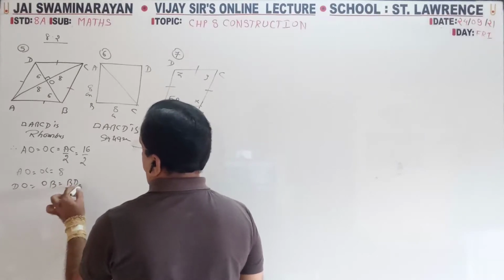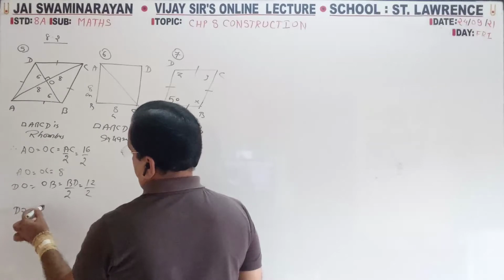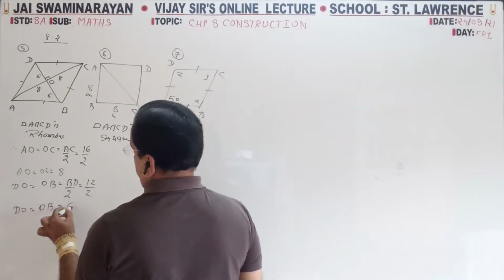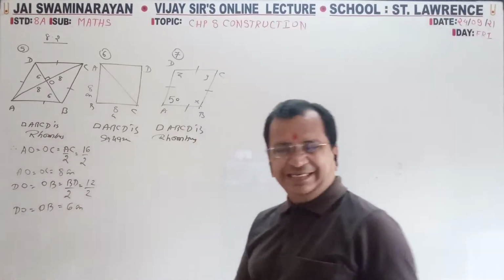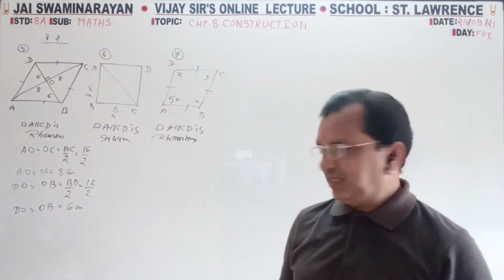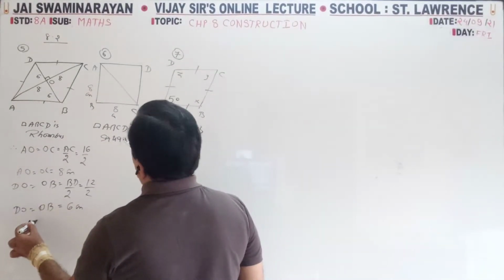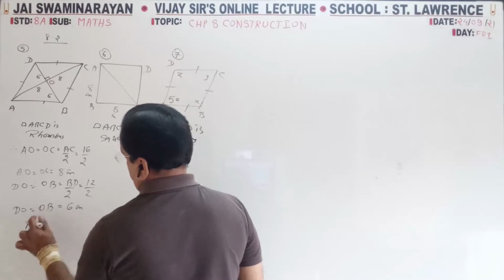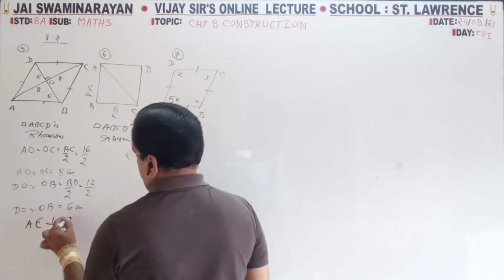BD half, 12 by 2. OB is 6 cm. So in a rhombus, diagonals are bisectors of each other, and they are perpendicular also. AC is perpendicular to BD.